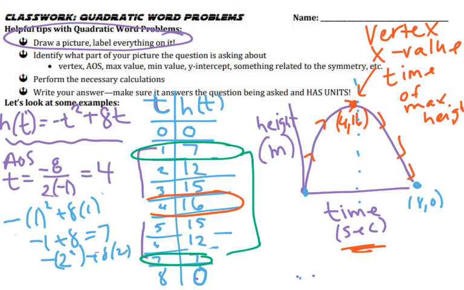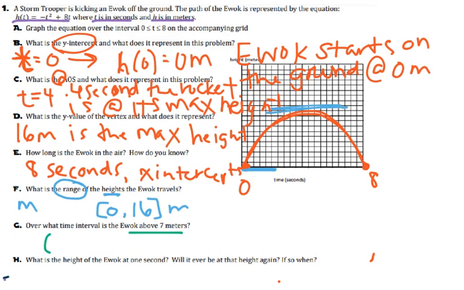So between 1 and 7 seconds, it is above 7 meters. Now this time, I'm going to write that as an interval, but I'm not going to use square brackets because at 1 second, it is not above 7 meters, and at 7 seconds, it is not above 7 meters. So between 1 and 7 seconds.